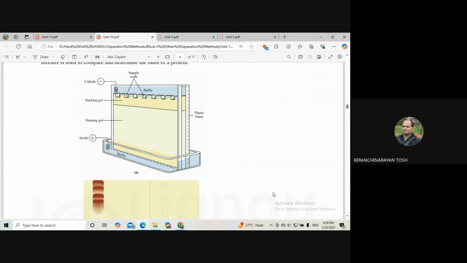When the detergent SDS, sodium dodecyl sulfate, is added to the protein during sample preparation, the protein becomes negatively charged by attachment to the SDS anion. When separated on a polyacrylamide gel, the procedure is abbreviated as SDS PAGE, for sodium dodecyl sulfate polyacrylamide gel electrophoresis.